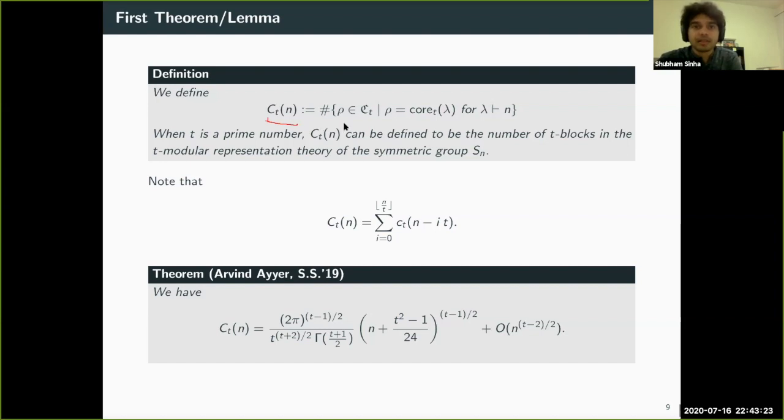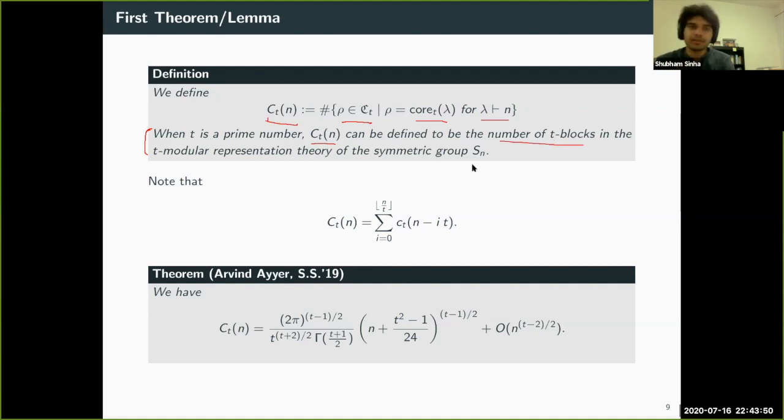It's the number of t-core partitions which appear as a core of lambda, where lambda is a partition of size n. A remark: when t is a prime number, this number is something natural appearing in the t-modular representation theory of the permutation group. It's basically the number of t-blocks.